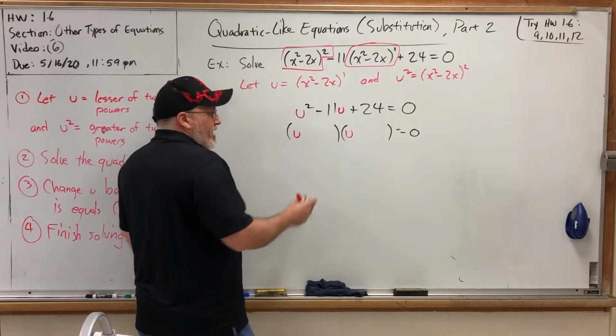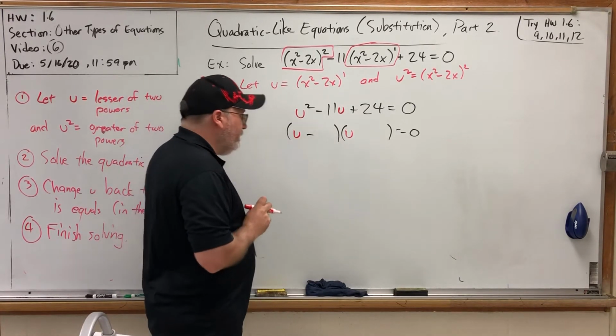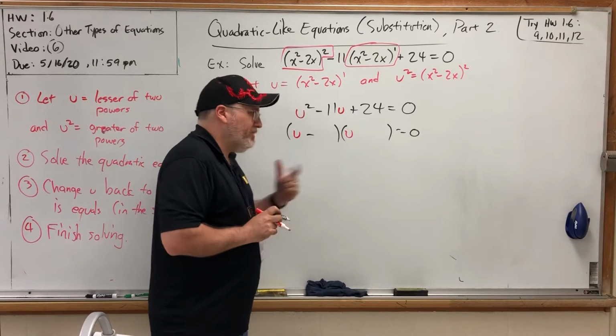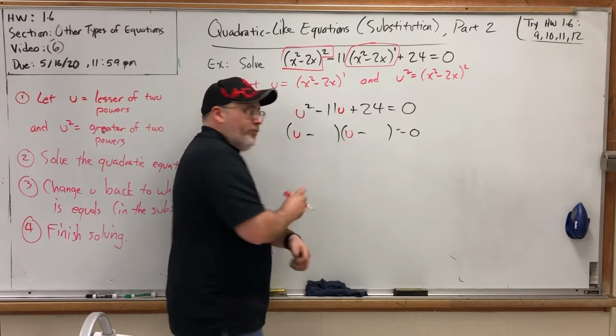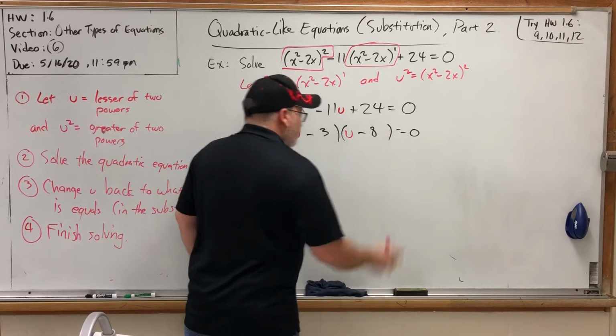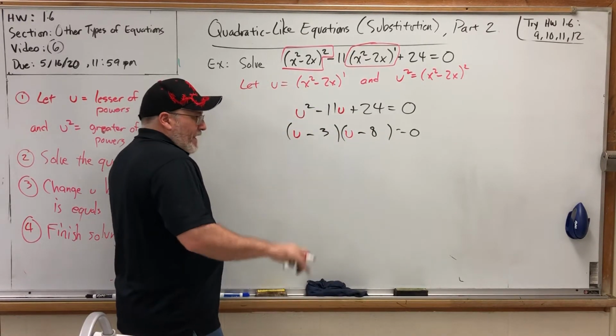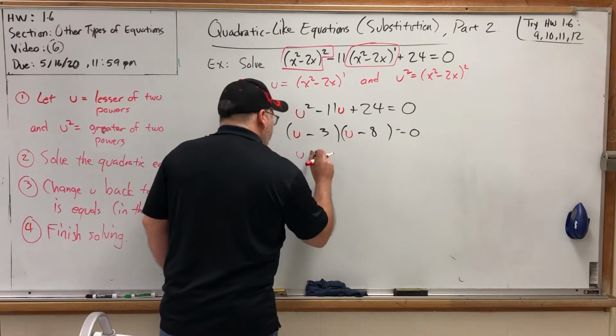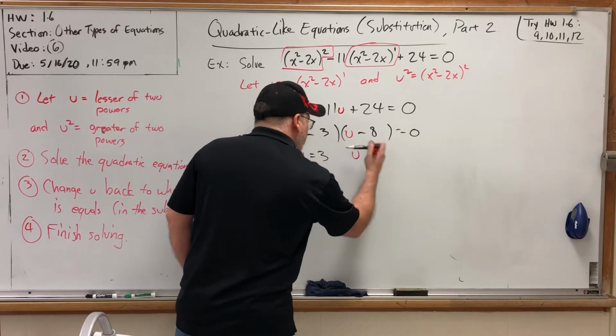Because they add to give a negative, the larger number must be negative. Because they multiply to give a positive, they must have the same sign, so both are negative. And the numbers are 3 and 8. So if I set each factor equal to 0, I get u equals 3, and I get u equals 8.